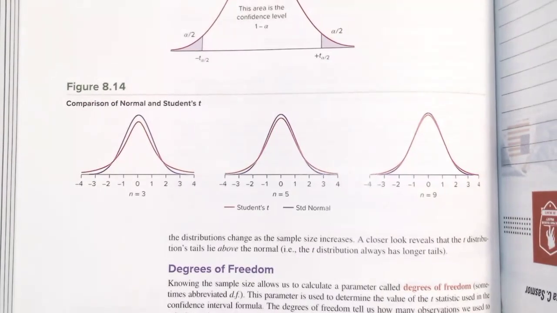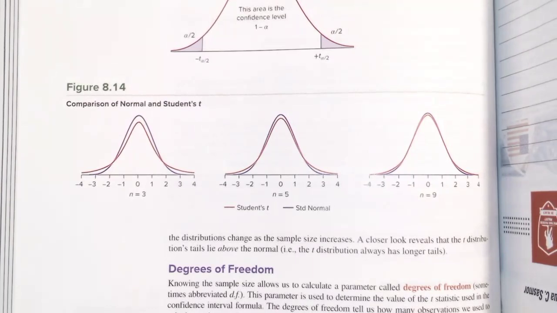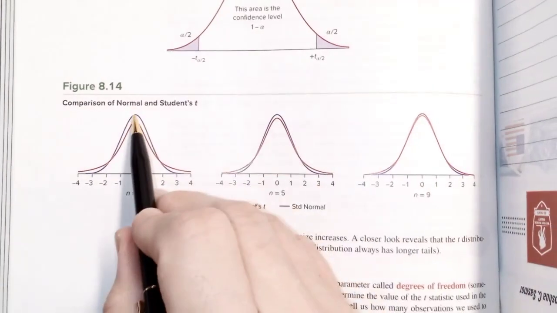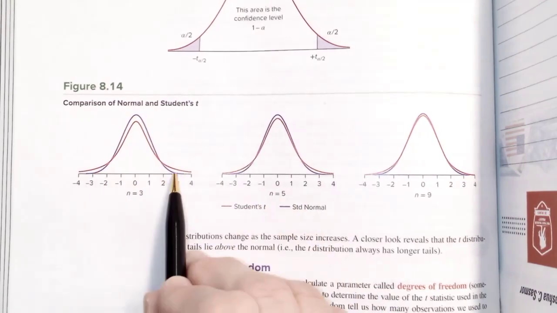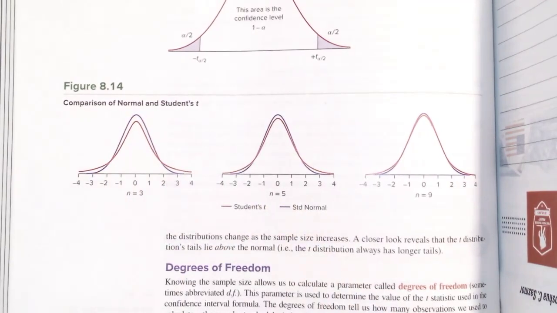We see 3 different pictures. The normal distribution: in this picture, the normal distribution is taller in the middle and shorter out on the ends. There's less likelihood of being out in the ends in the normal distribution. In the t distribution, there's more out on the ends because he didn't know that it would be concentrated in the middle.